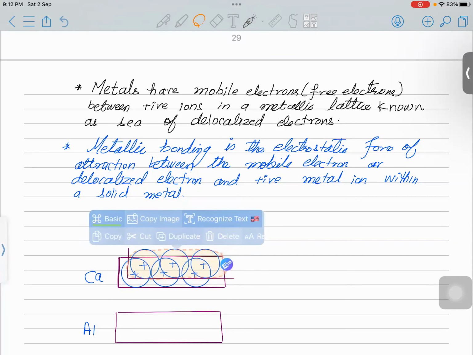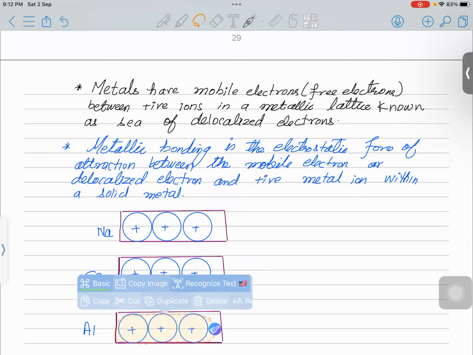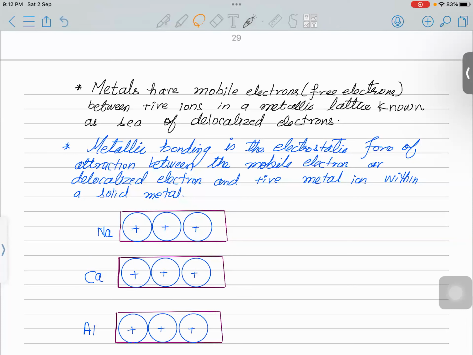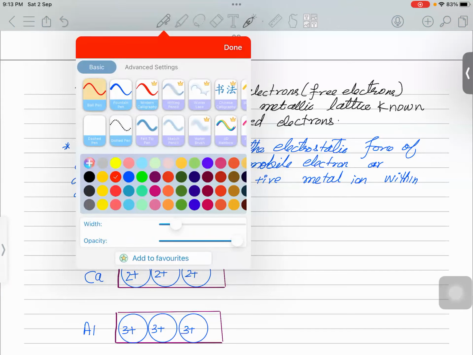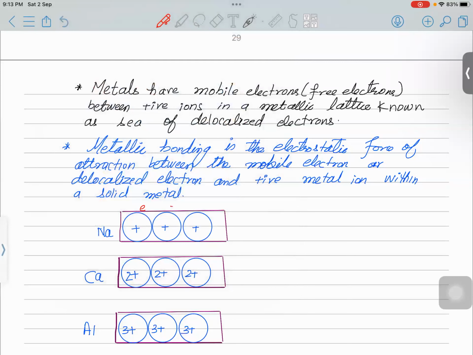Calcium has a 2+ charge. Aluminium has a 3+ charge. So in sodium, 1 delocalized electron; in calcium, 2 delocalized electrons; in aluminium, 3 delocalized electrons.